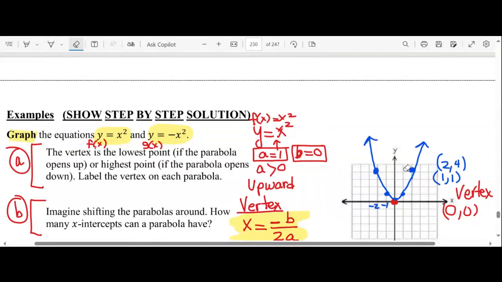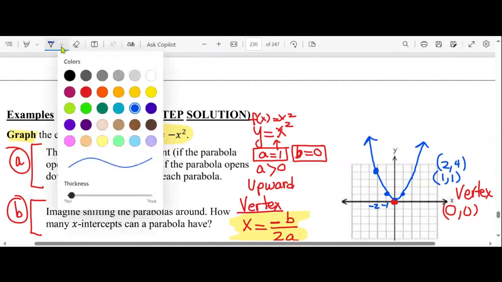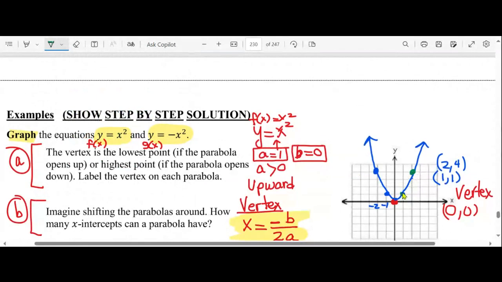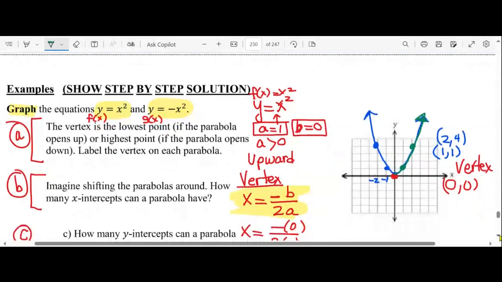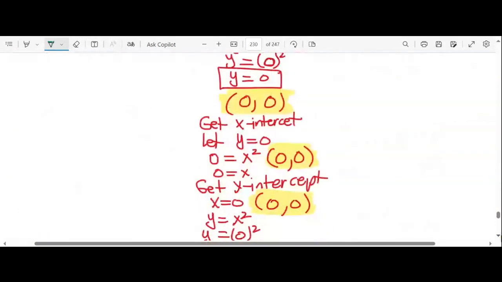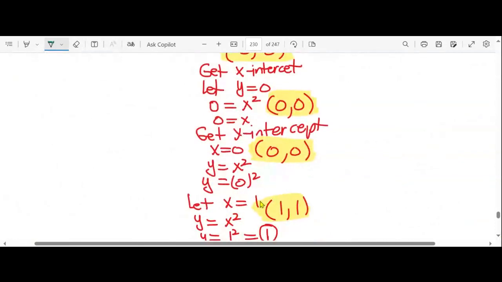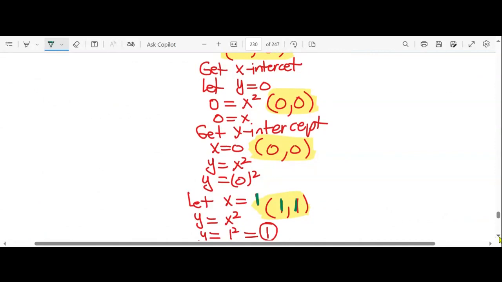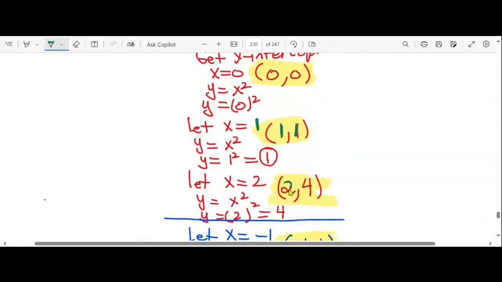Clear or not clear? Clear, Mr. I'll change the color here, okay? So that's how you graph those points. I'll just change the color so you can differentiate between the left side and the right side.